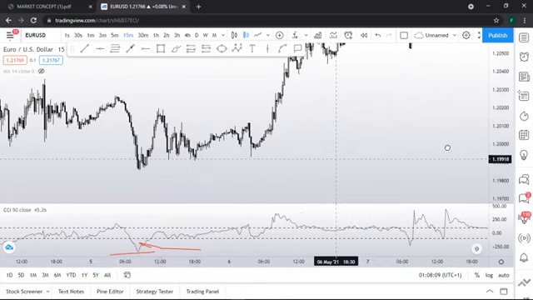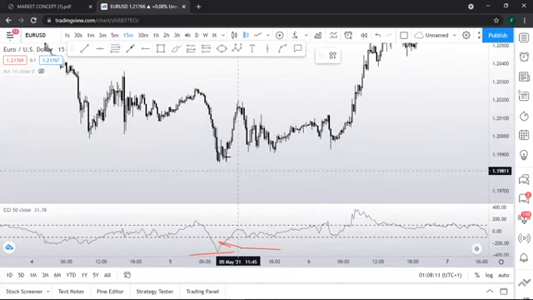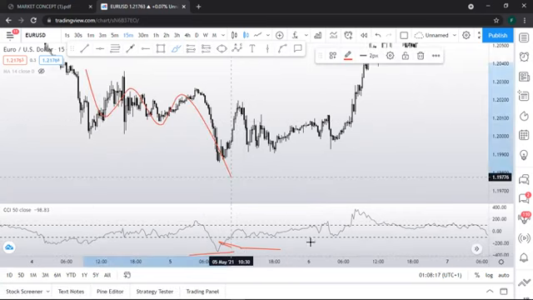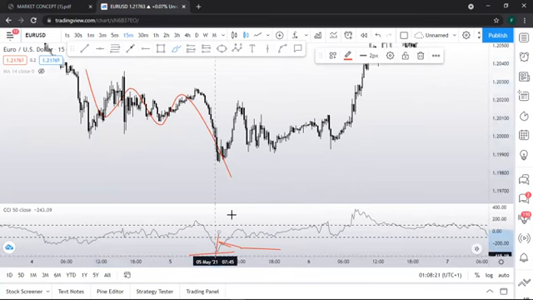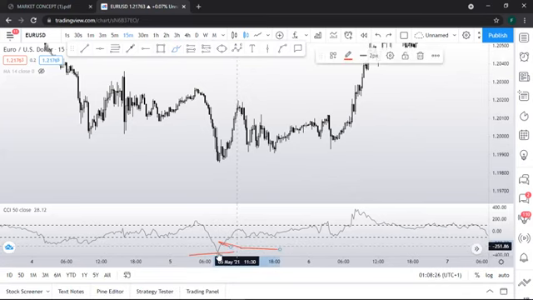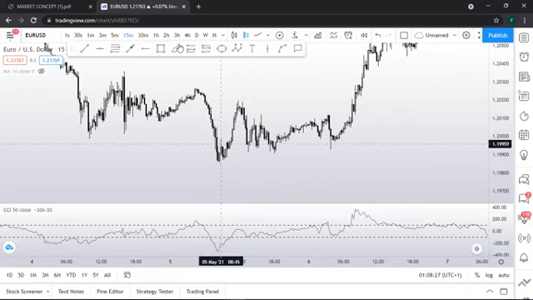This is what the price action did here. Price came down. Price was trending bearish, right? It was trending bearish, and we hit our last low here.